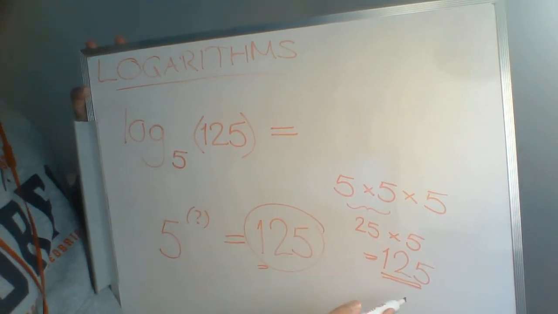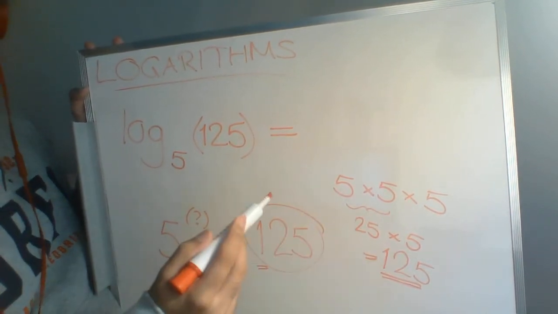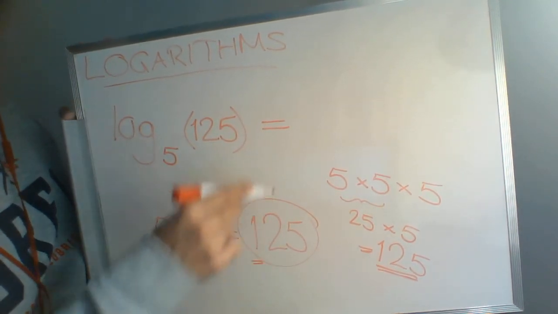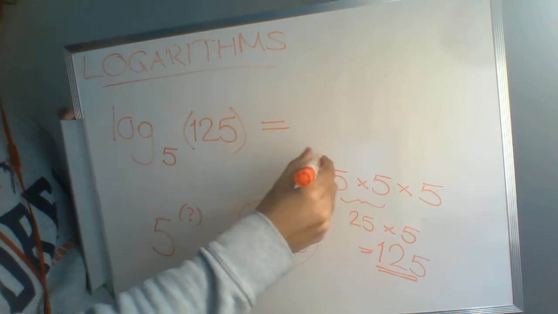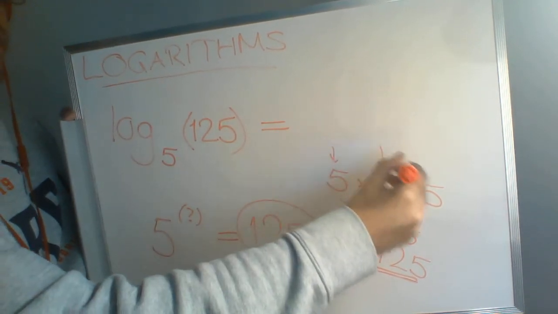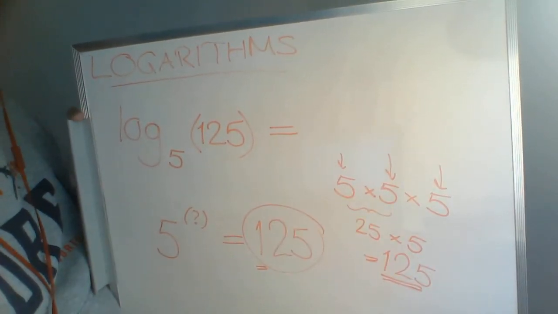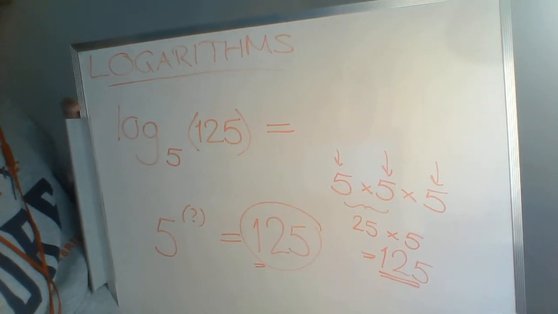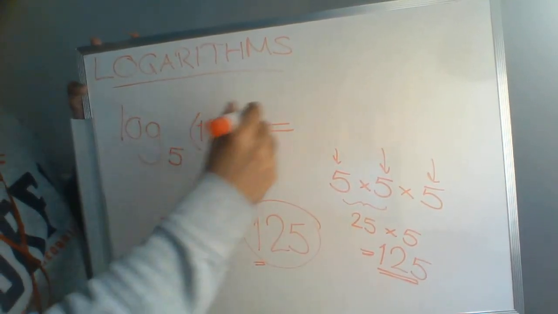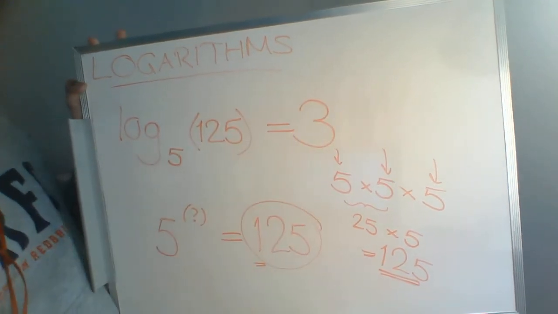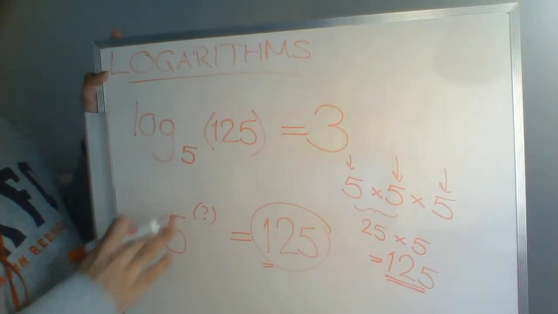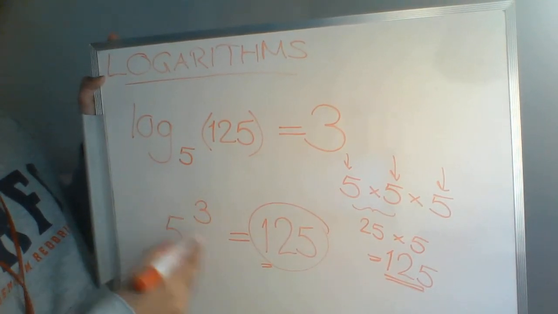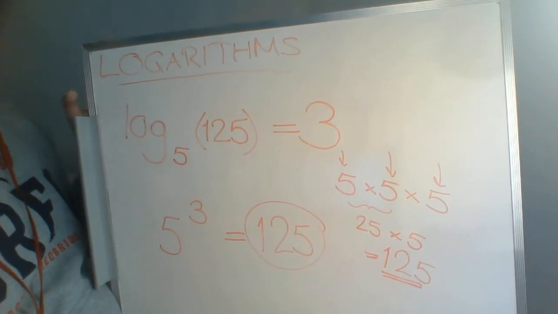So once we've hit that target answer, we just want to go back and count how many 5s we had to multiply together to get to this answer. So if you look up here, we've got 1 5, a second 5, and a third 5. So we multiplied 3 5s together to get our answer of 125. So your final answer in this logarithm would be 3. Or if you wanted to write it in this exponent form, your exponent up here would be a 3. 5 cubed is equal to 125.